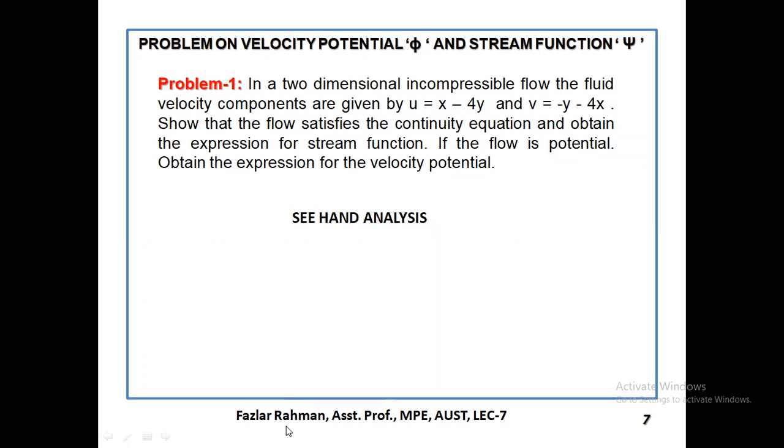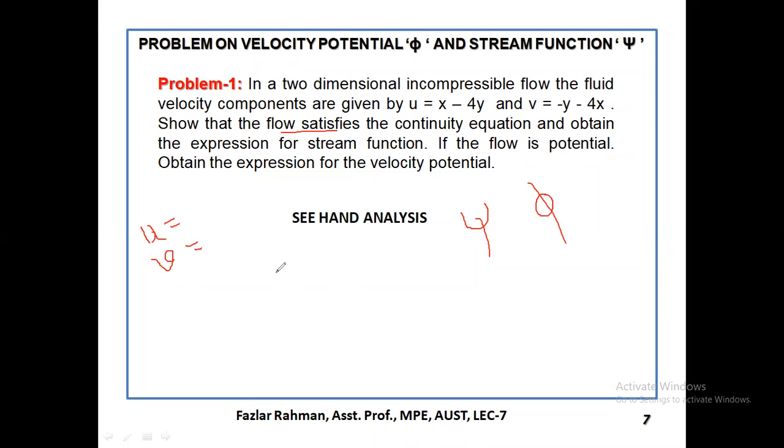That means you need to figure out the psi function, the stream function, and also you need to figure out the phi. The magnitude of u is given in terms of x and y, v is given in terms of x and y, and you need to show it satisfies the continuity equation.